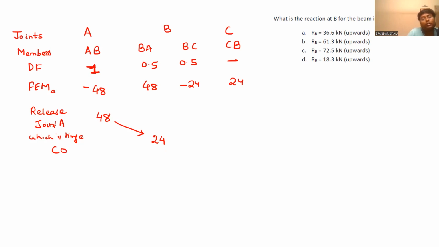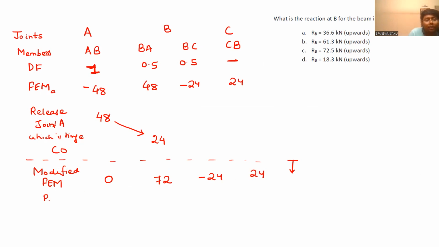Now this first part is done. Now you write modified fixed end moments, and from here you need to sum up again. Now this is 0, this is 48 plus 24, it is 72, minus 24 and plus 24.